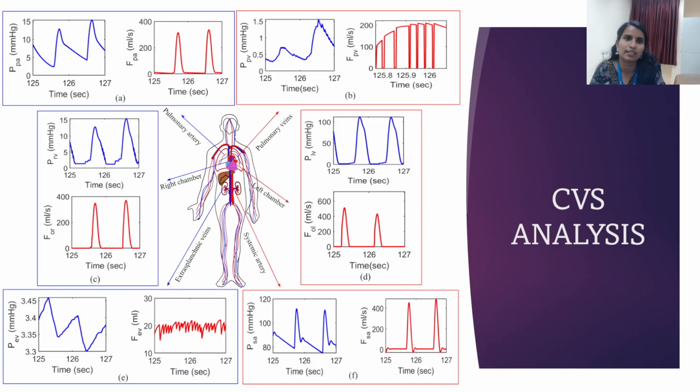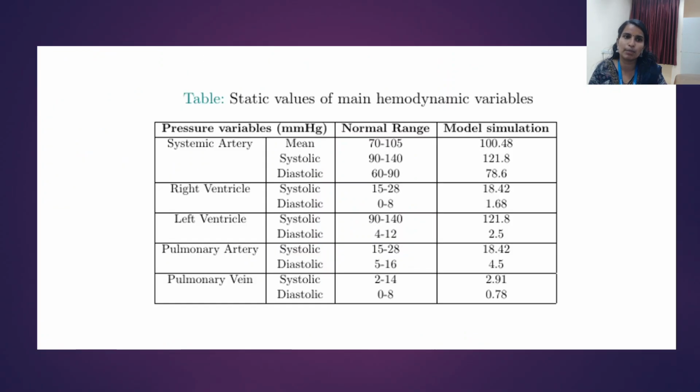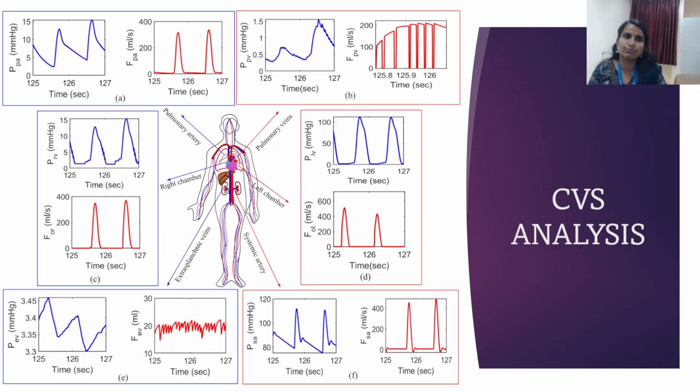For the mathematical model, we need to analyze whether the model is actually a replica of our human cardiovascular and cardiopulmonary system. To analyze that, the pressure, flow, and all the values are checked.